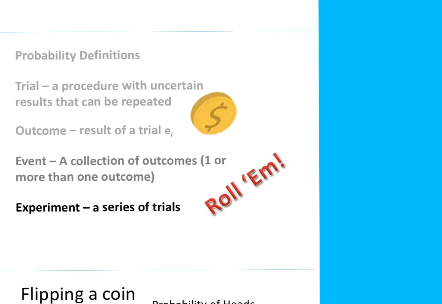I hope you said that it's still a 50-50 chance. Its probability is 1 out of 2 that the next flip will be a head or the next flip will be a tail. All the other flips before that do not influence the third flip. So just remember that as we're moving on with this lesson on probability.